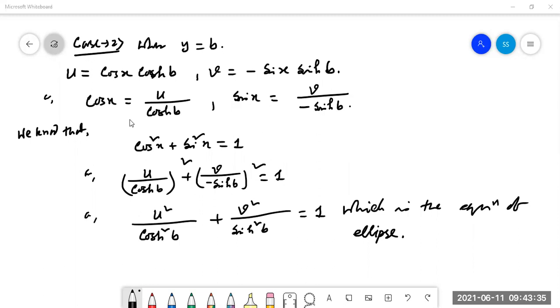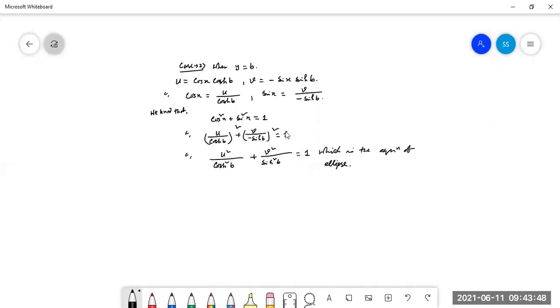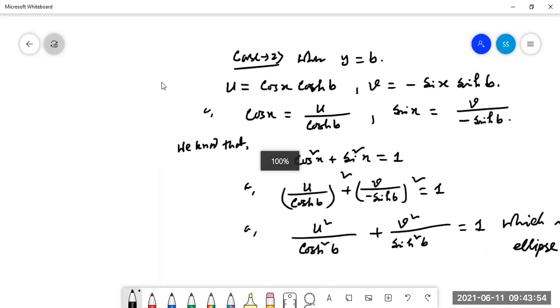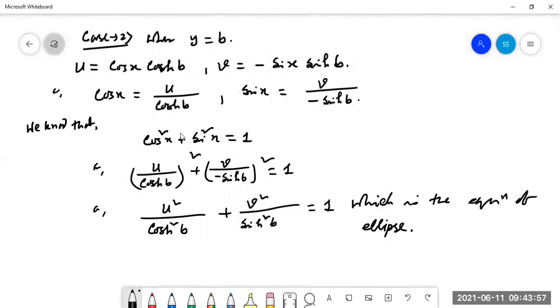So it varies from problem to problem. Previously, when we took x equal to a, look here, the equation was u square by cos square a minus v square by sin square a is equal to 1.